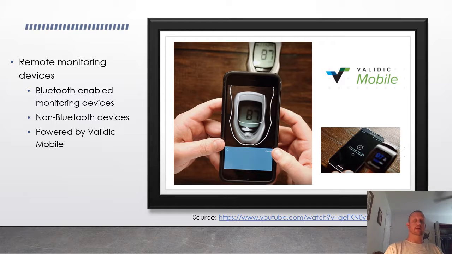For remote monitoring devices, we've decided to partner with a third-party vendor named Validic and use their Validic mobile platform. So essentially, there wouldn't really be any purchasing of specific monitoring devices. This would integrate more or less seamlessly with existing patient devices or any devices that they would like to pursue in the future.